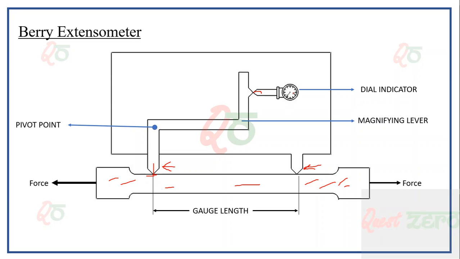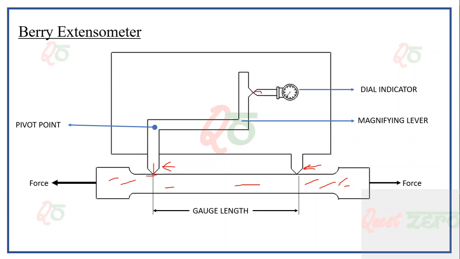Once the dial rotates by a certain measurement, you can say that for this amount of circular rotation of the needle in the dial gauge, so much amount of linear elongation has taken place in the test specimen.